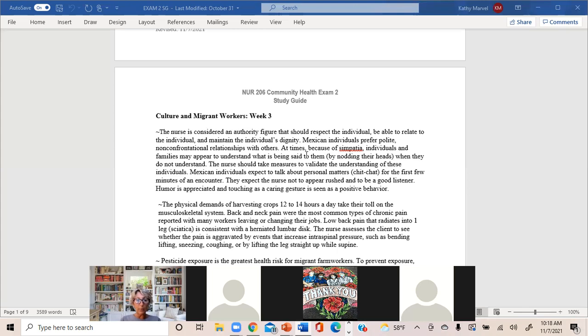Nursing process looks different in a community setting than it does in other settings. And so just for the hour and a half that you take this exam, try your hardest to put yourself in a community setting and not say, well, this is what we would do in the hospital, so we must do this in the community. No, not necessarily. Okay. So those are my little tidbits.